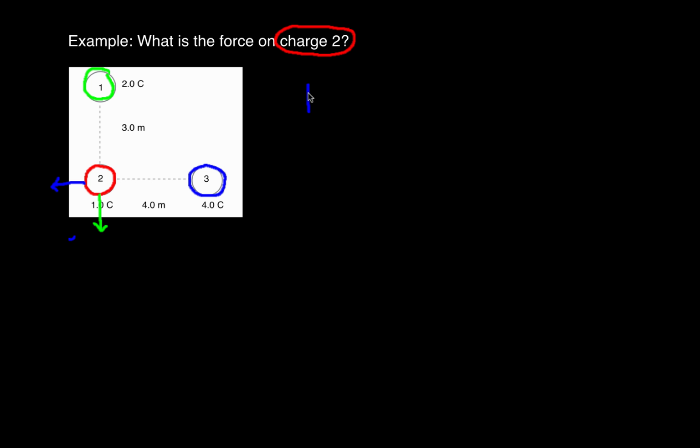We'll start by calculating the force of 3 on 2. This is given by K, Coulomb's constant, times the charge of 3 times the charge of 2 divided by the distance between them squared, which gives us a force equal to 22,475,000 newtons to the left.